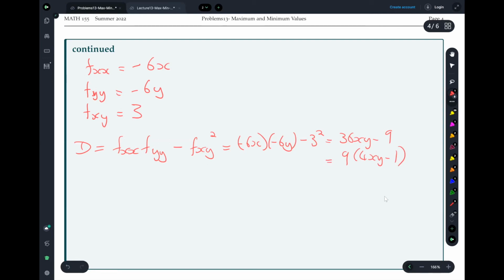You might want to do this step and do the general case, or you might just want to skip straight to calculating these values at your critical points and then creating your D individually. There might be advantages of doing it that way. For example, in the pre-recorded lecture, I think we found that f sub xy was always equal to 0 for a set of critical points.